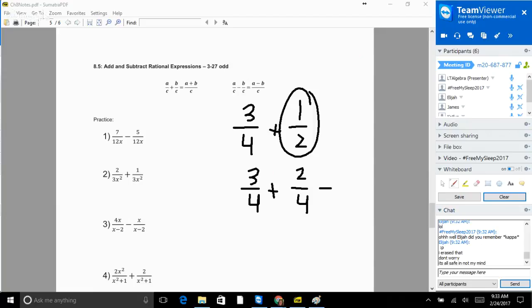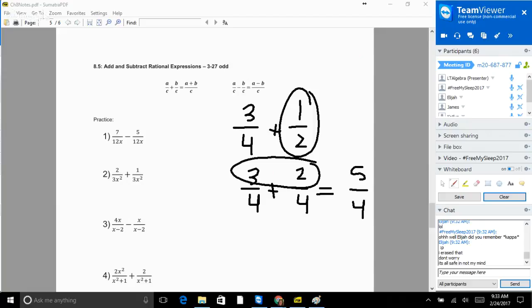And when we add, we add across the numerators, right? 5, and we keep the same denominator. I actually think that multiplying and dividing fractions is easier than adding and subtracting. It's a little bit easier to remember how to multiply and divide.